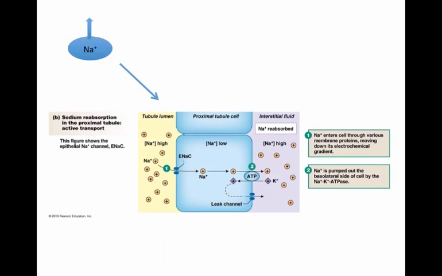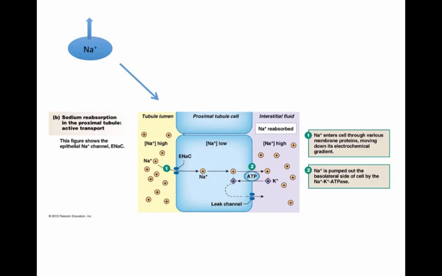And so we can see that we have the sodium-potassium ATPase that we're all familiar with, pumping away to create a very low sodium concentration inside the cell. So now we have a gradient between the inside of the cell and the outside of the cell, and sodium can simply enter by facilitated diffusion, and then it's pumped out of the cell against its gradient to the blood side where it's picked up by the peritubular capillaries.